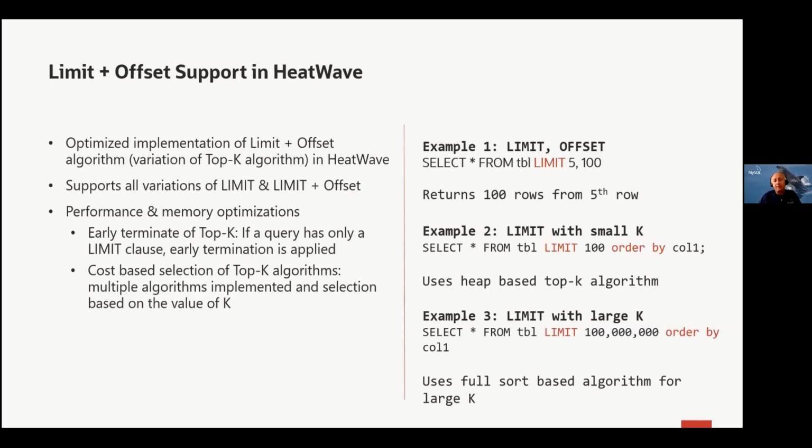So this is the kind of choice we make during the execution of these operations inside HeatWave: based on the data set, based on the specific predicates and the values of the predicates, we determine dynamically which is the most efficient implementation to execute. And this is all done dynamically in a cost-based manner. So these are all now constructs which are supported in HeatWave.